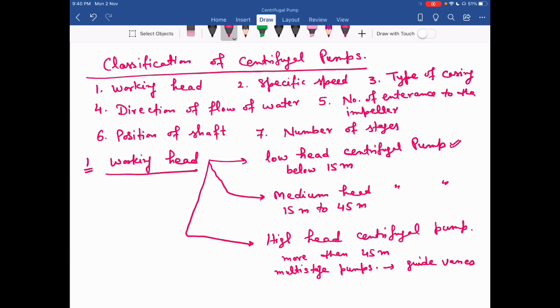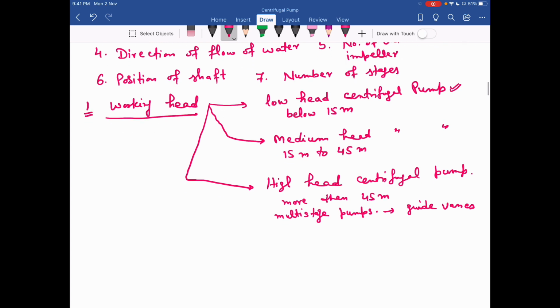Now these pumps may have horizontal or vertical shafts also. The vertical shafts are usually used in deep wells, to take out the water from deep wells. The next classification is on the basis of specific speed.